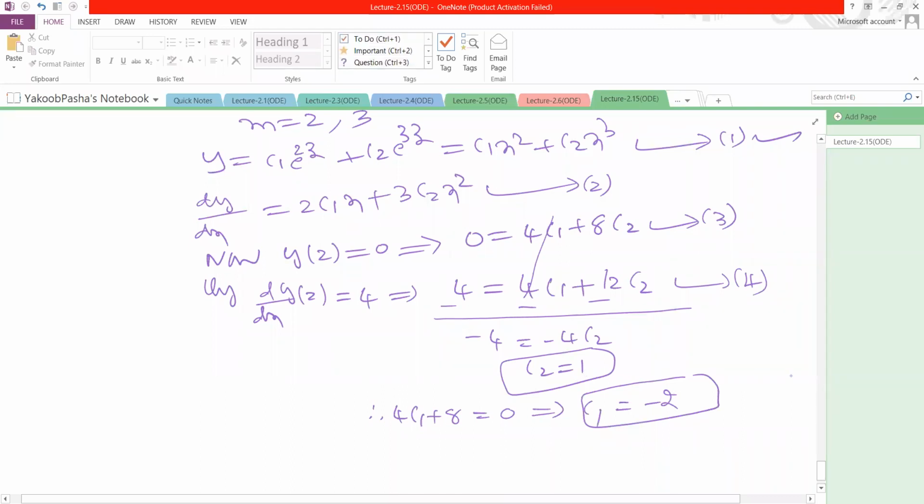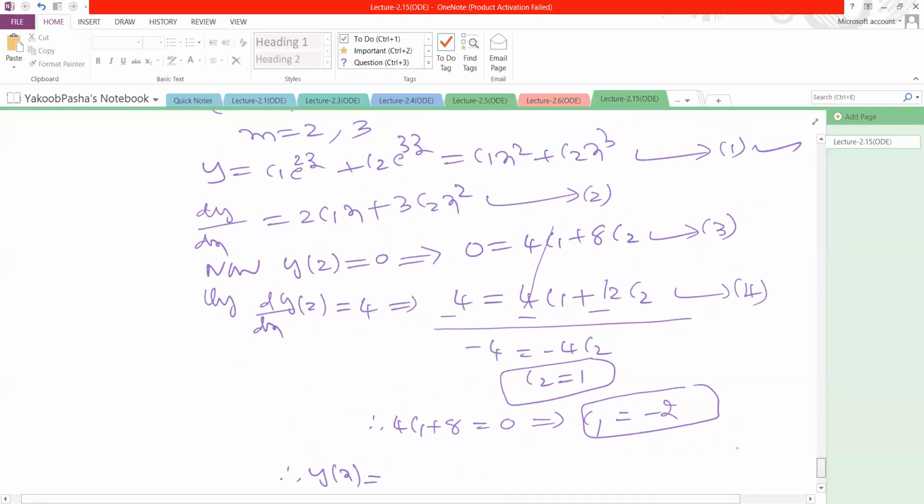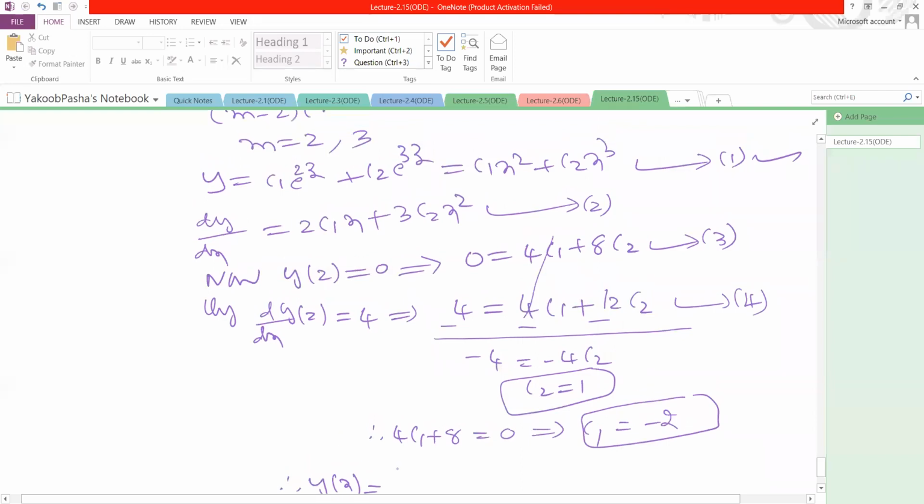Can substitute in equation number 1, so we get y of x is equal to c1 value minus 2 x square plus c2 value 1 x cube.